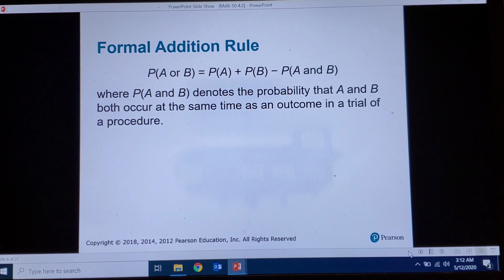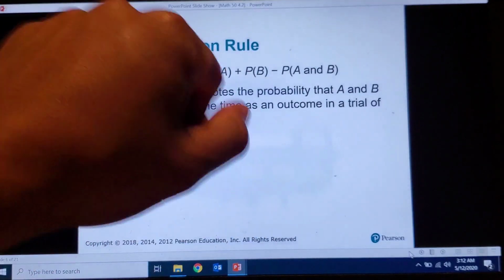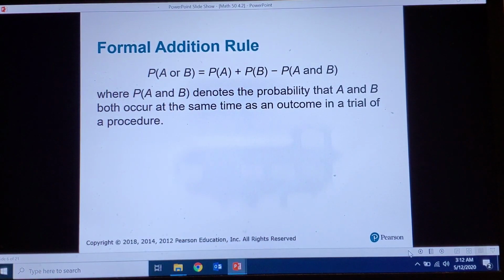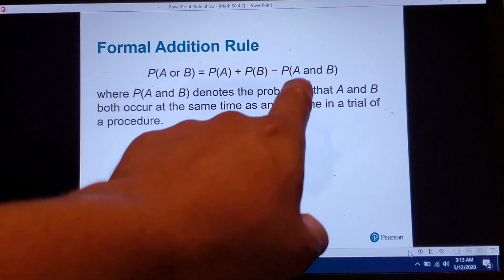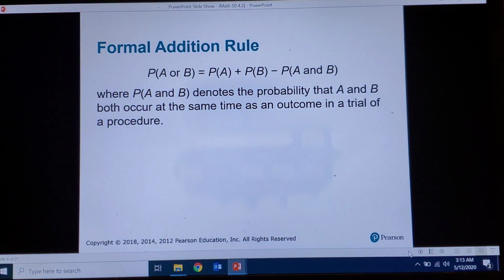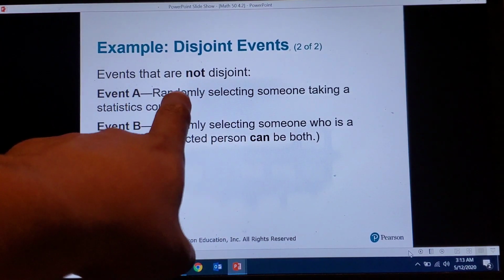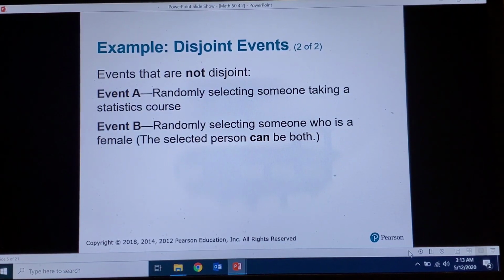The way you find an "or" probability is you find the probability of event A occurring and you add it with the probability of event B occurring. But if they happen to not be disjoint, meaning they are joint, you have to subtract the overlapping part. So, for example, let's say you're just randomly selecting a student in a stats class.